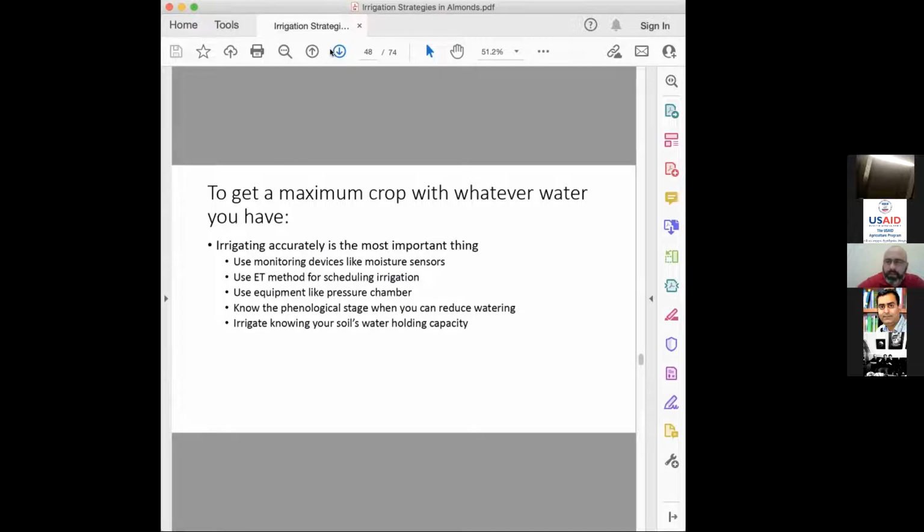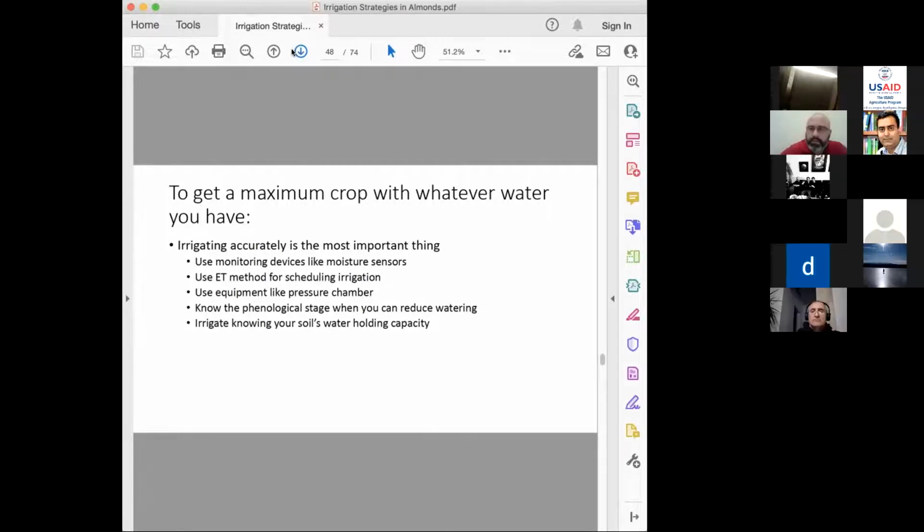So what we recommend is we use monitoring devices like soil moisture sensors. We recommend that you use the evapotranspiration method for scheduling the irrigation. And then we recommend using equipment like pressure chamber wherever needed. You don't need a pressure chamber in every situation, but there are some scenarios where your trees are dying because of overwatering.